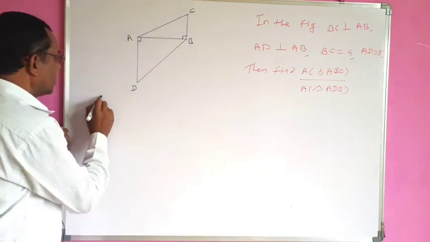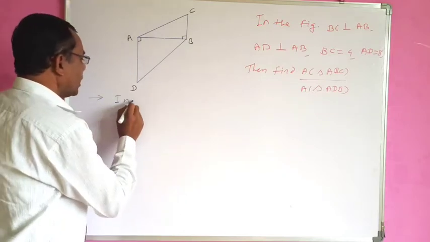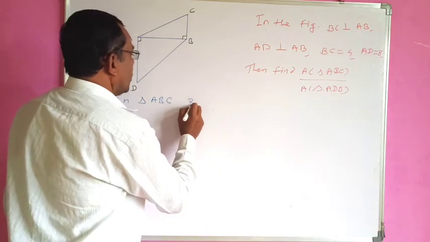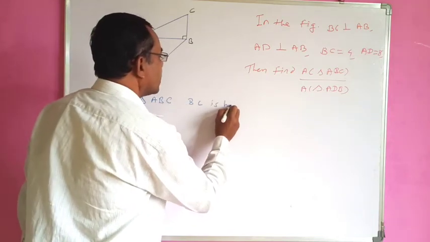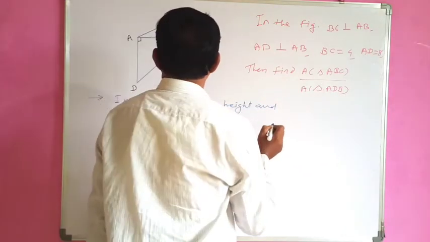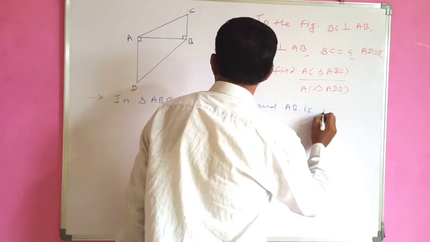In the answer, we will write what is given. In triangle ABC, BC is height and AB is base.